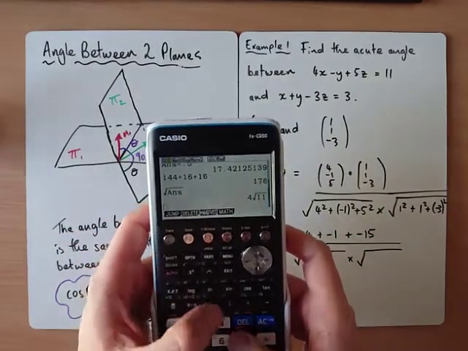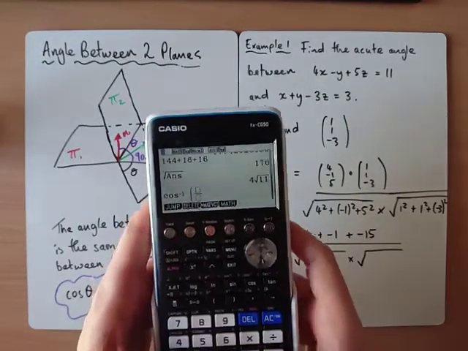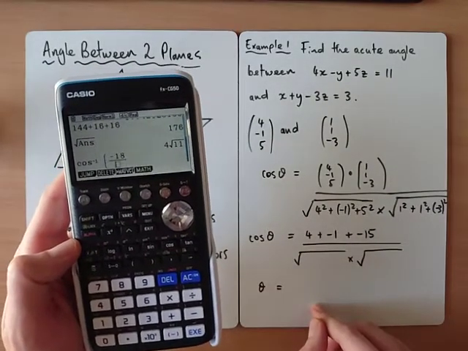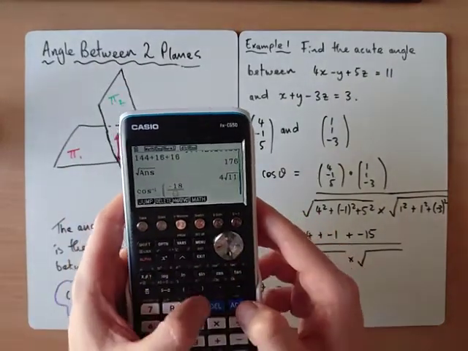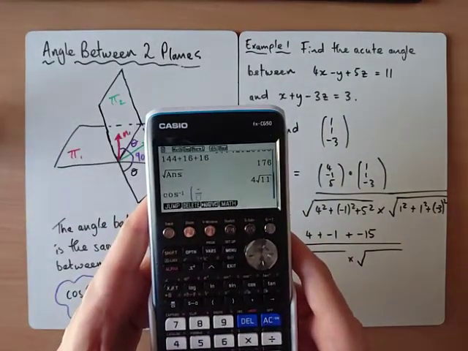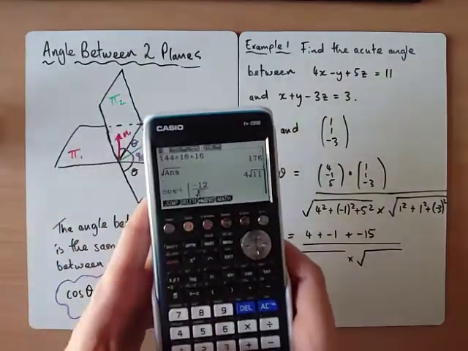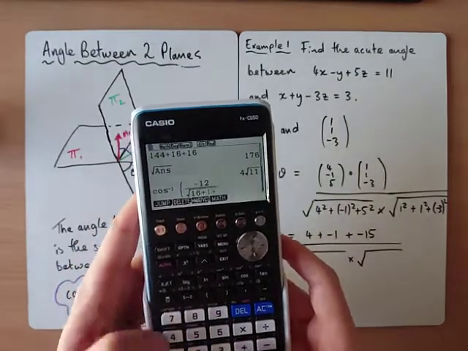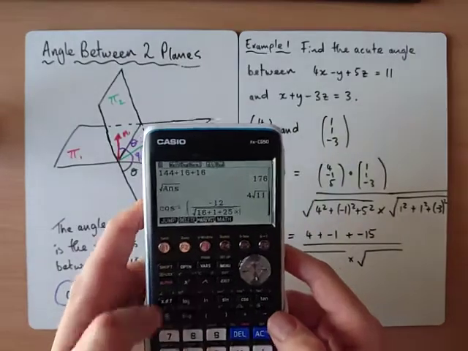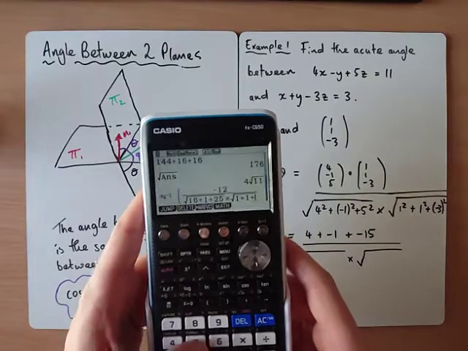Okay, so shift cos inverse of, not minus 18, we've got 3 minus 15, so that'd be minus 12, divided by square root of 16 plus 1 plus 25, times the square root of 1 plus 1 plus 9.